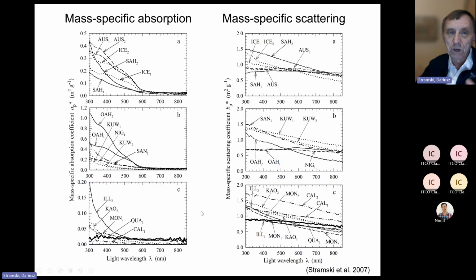So a lot of different types of assemblages can include significant amounts of mineral particles. Without going into detail about what these symbols mean, these are different particle assemblages, all dominated by mineral particles originating from different locations, all suspended in water, and measurements have been made of absorption and beam attenuation. These measurements also provide scattering as a difference. In this case, we are not dealing, like with phytoplankton cultures, with nearly monodisperse systems.